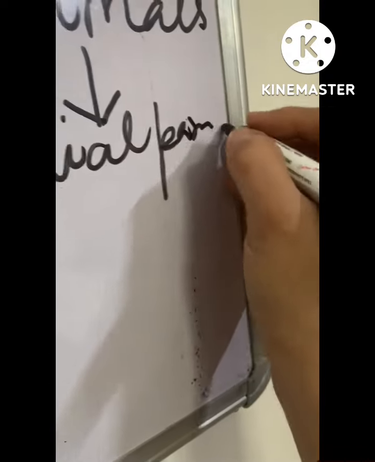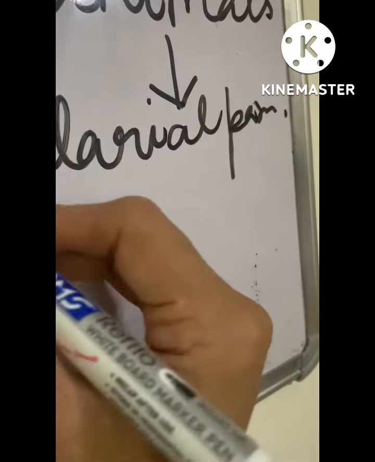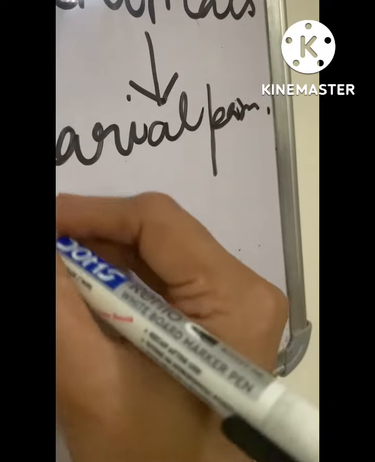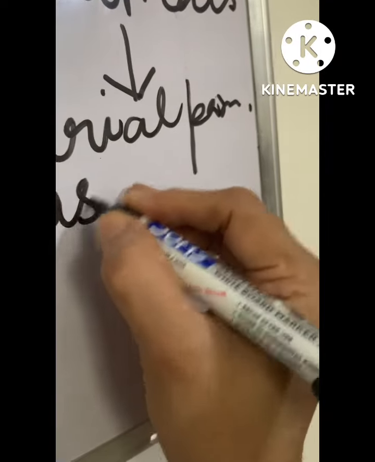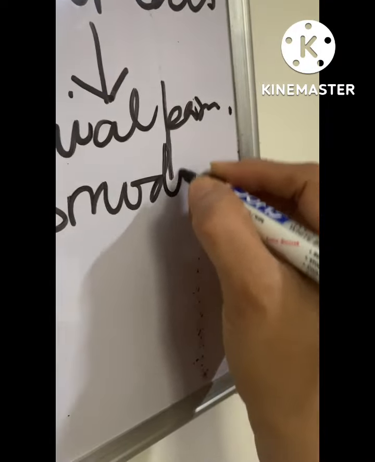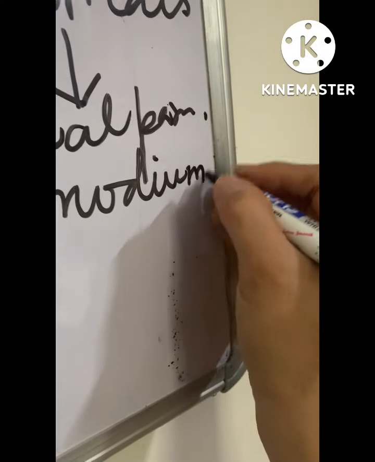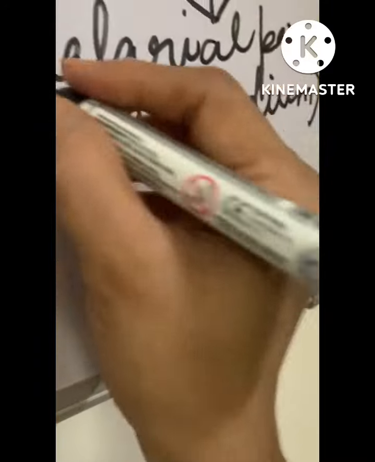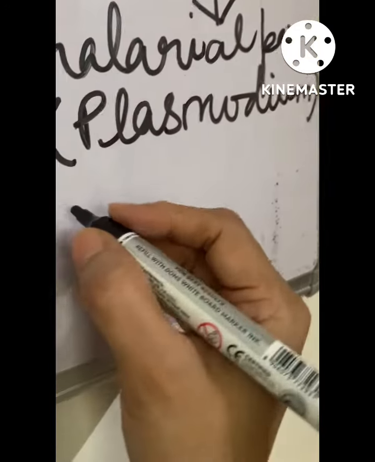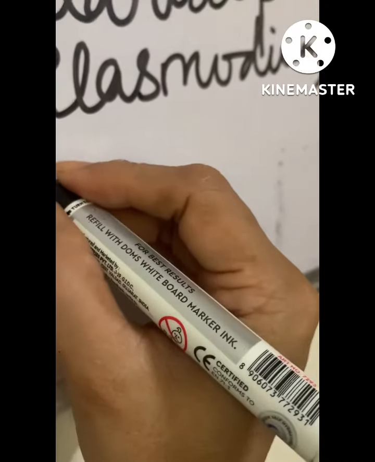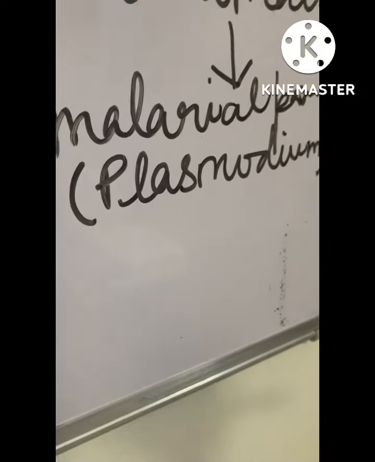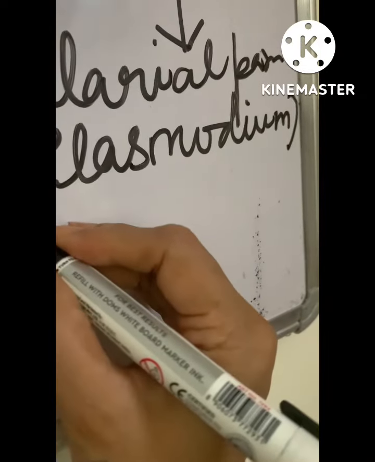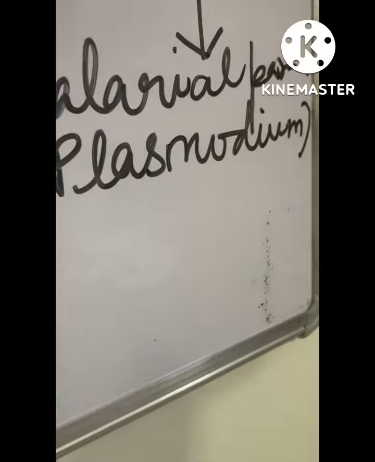Its biological name is Plasmodium. It feeds on human blood. Then there are worms which live inside your gut and derive food from our gut.